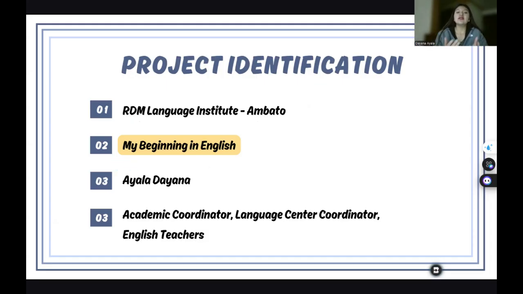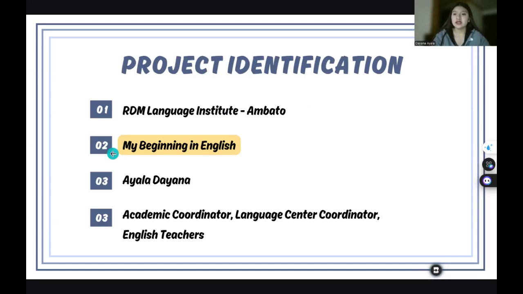This is the base on which we are going to start our curriculum design. In my case, it is A1 level, and the theme I decided on is My Beginning in English. Based on this, I am going to start creating the next steps.